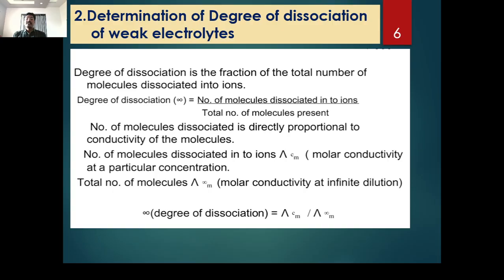Therefore, the degree of dissociation is equal to the molar conductivity of the electrolytic solution at a particular concentration, designated as lambda mc, divided by the molar conductivity at infinite dilution. Therefore, the degree of dissociation for a weak electrolyte is the ratio of the equivalent conductance at a particular concentration divided by the equivalent conductance or the molar conductance at infinite dilution.